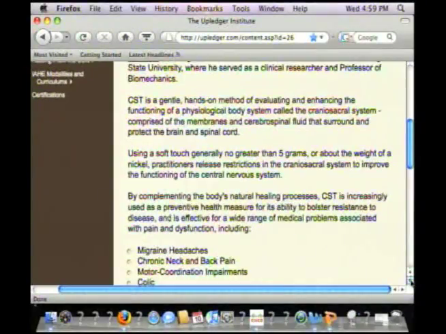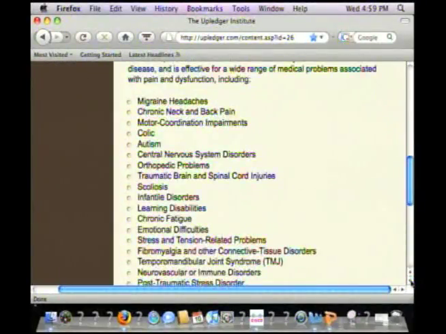These include, let's take a look at some of them, migraines, head and neck, motor coordination, colic, autism, central nervous disorders, scoliosis, infantile disorders, learning disabilities, chronic fatigue. So on and on the list goes of how this treatment can help everyone. It has what I consider to be a pretty upscale look about it.